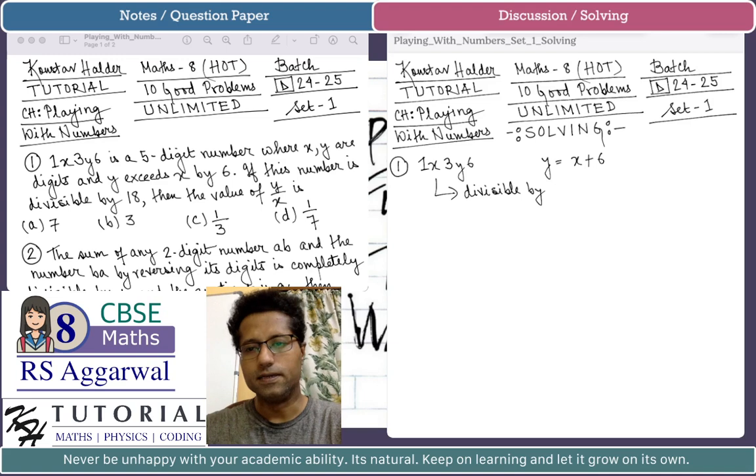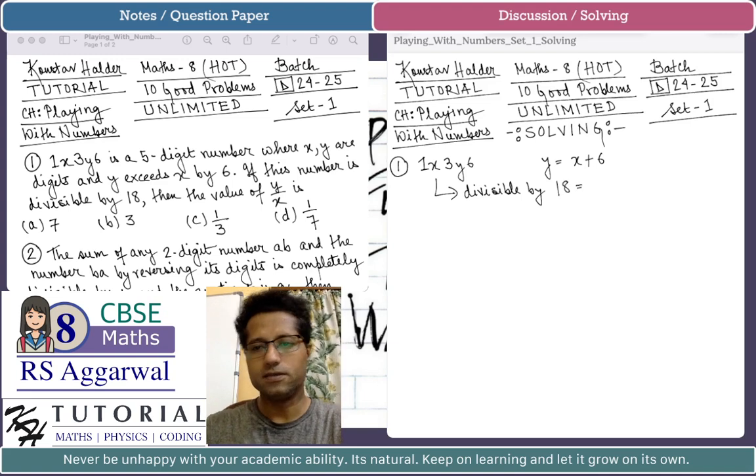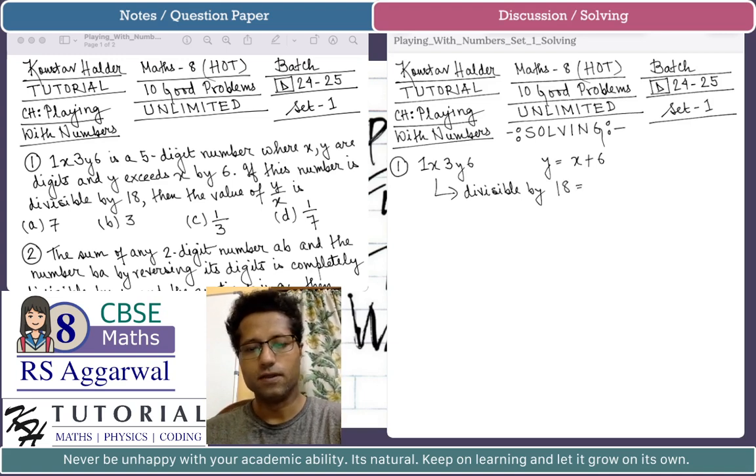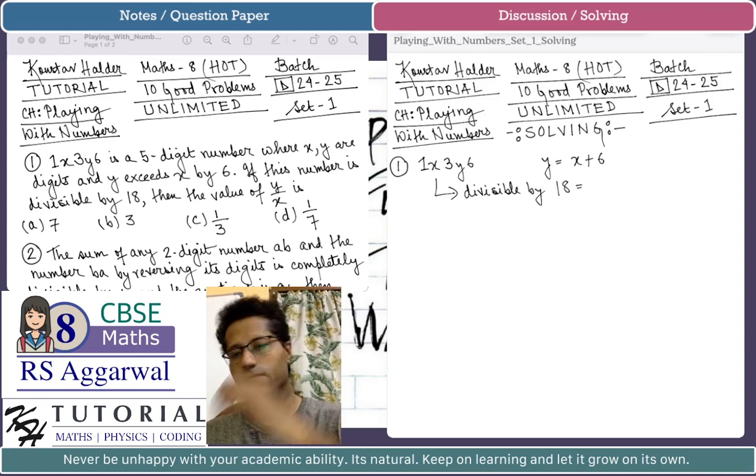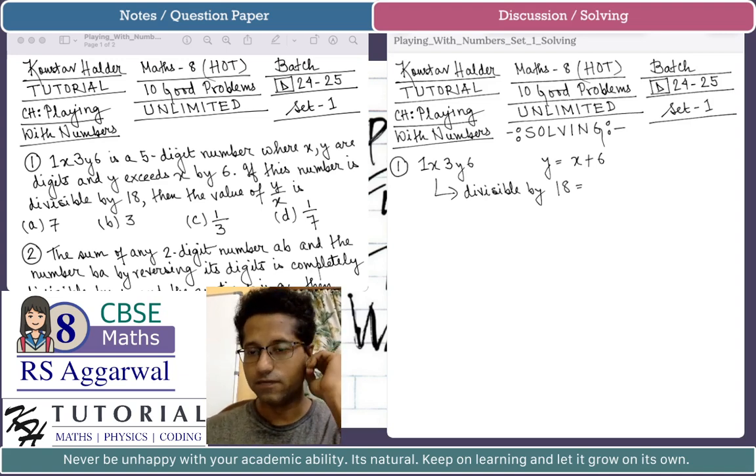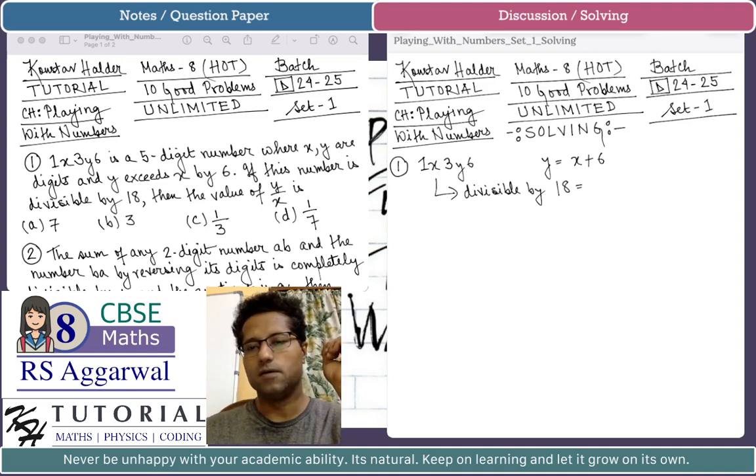Now, it is given that this number is divisible by 18. If you are given that a number is divisible by some number that is not between 2 and 11, then always try to factorize that number into factors which do not have any common factor.